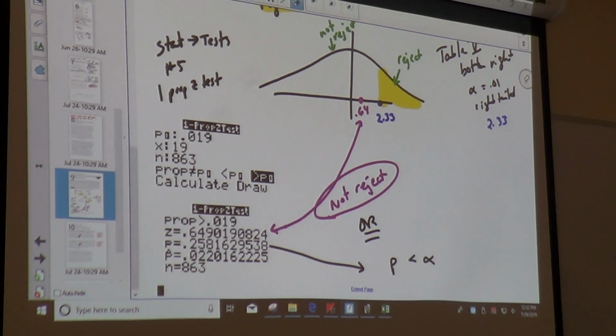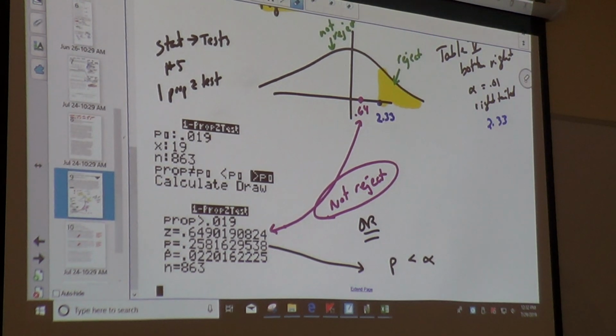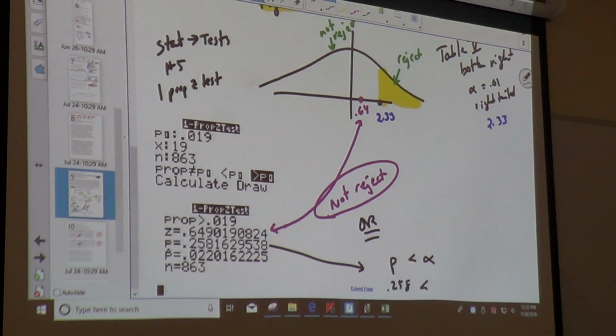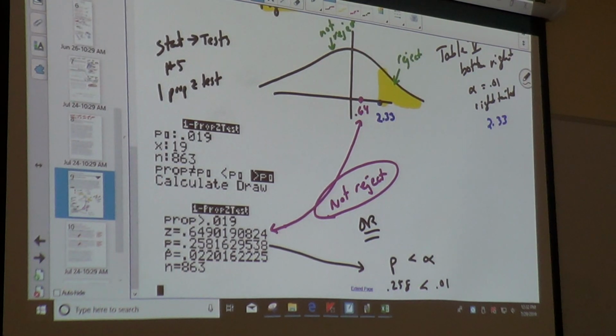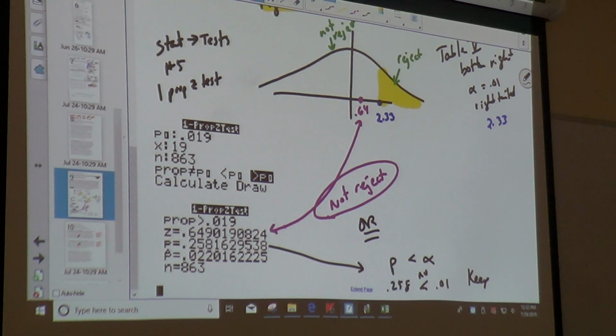So our P is 0.258. Our alpha is 0.01. Is your P lower than your alpha? If your P's lower than your H0, your H0 must go. But it is not, so you've got to keep it, do not reject it. So either way, it's telling us to keep it.